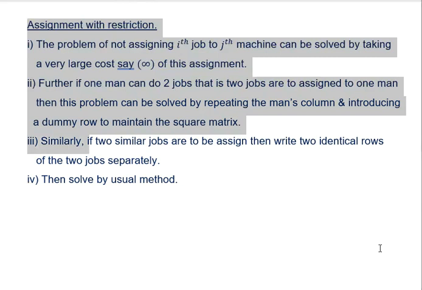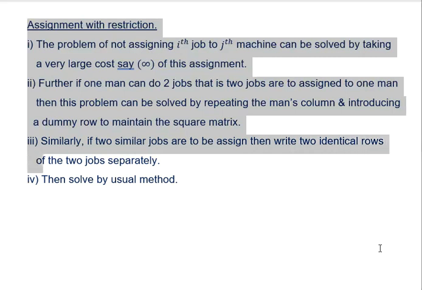Similarly, if two similar jobs are there and we have to allocate them to different machines or different persons, then what will we do?